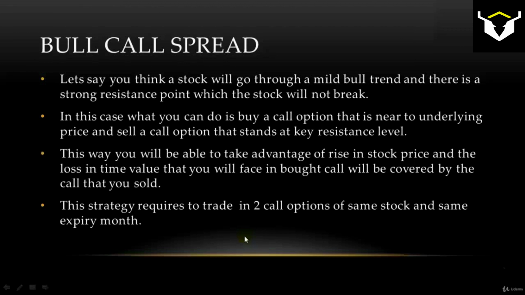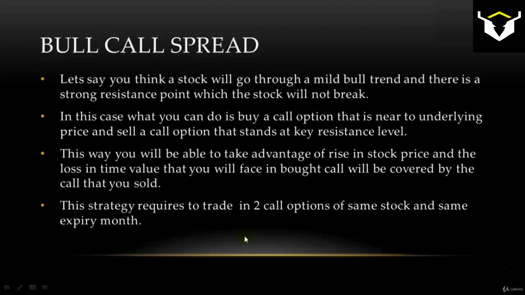So how does this strategy work? If there is a rise in underlying price, the call option that you bought, which was closer to the underlying price, will have an increase in its value greater than the call option that is fairly out of the money, which you sold.